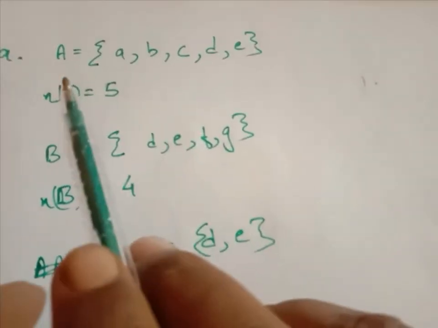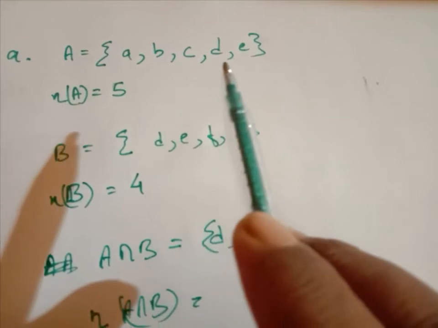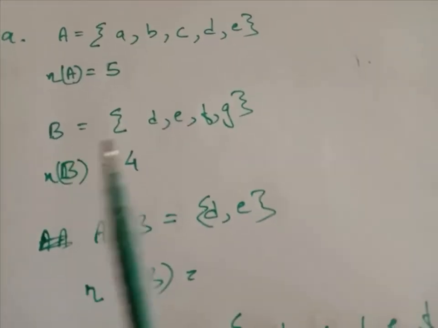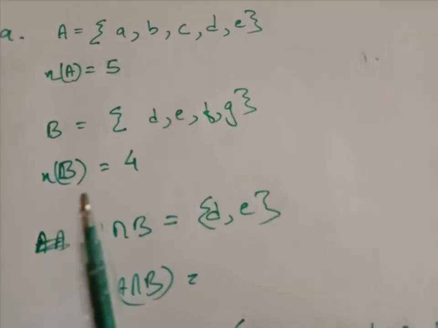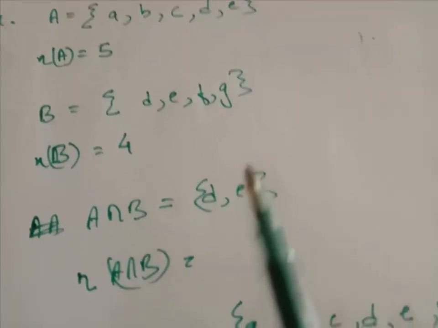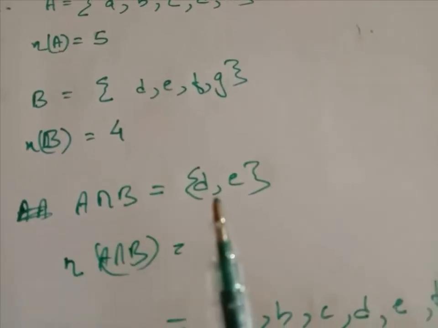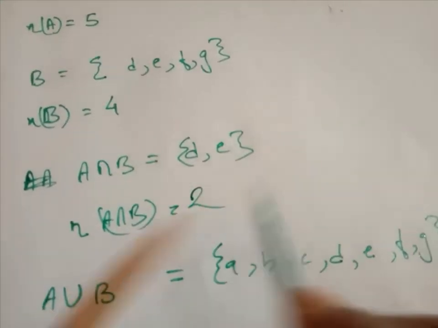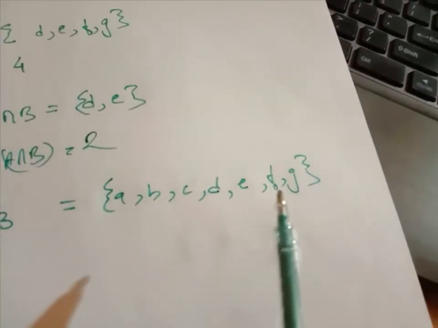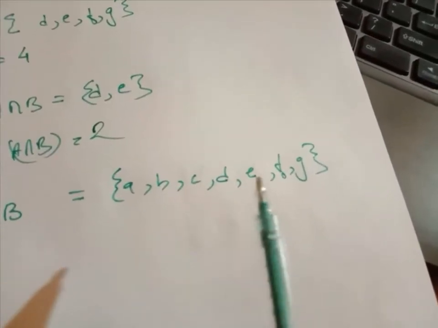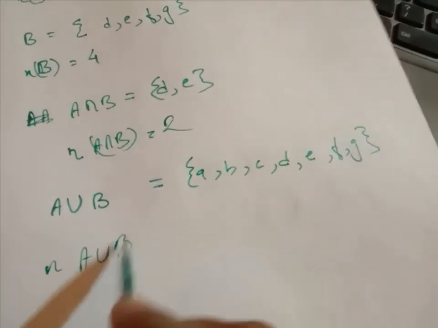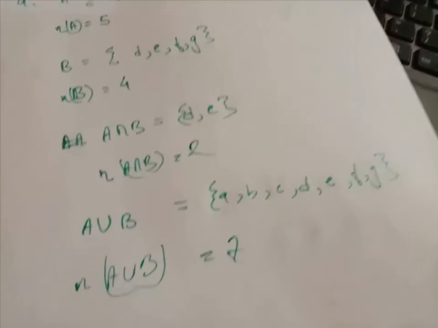Okay, so let us see. Set A contains A, B, C, D and E, so number of elements in set A is 5. Set B contains D, E, F, G, so number of elements in set B is 4. A intersection B contains only D and E, so number of elements in A intersection B is 2. A union B contains A, B, C, D, E, F, G, so 1, 2, 3, 4, 5, 6, 7. So number of elements of A union B will be 7.